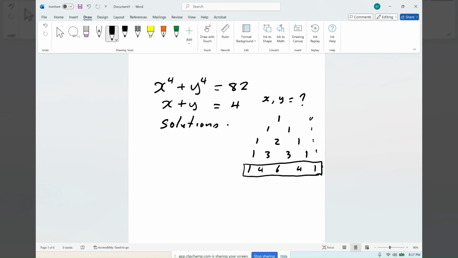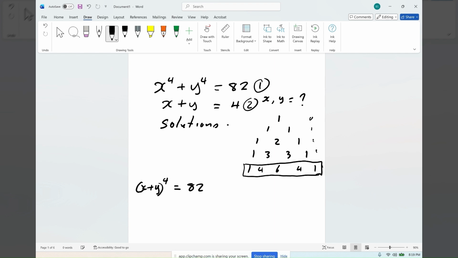All right, let's rewrite equation 1 and equation 2. Using equation number 1, we have x plus y to the 4 is equal to 82.